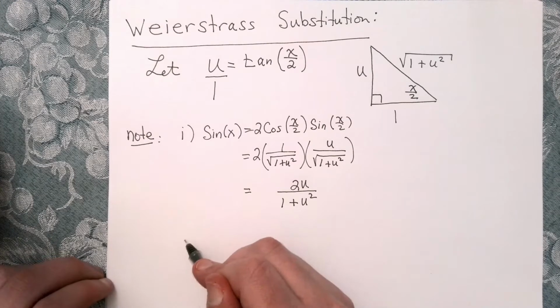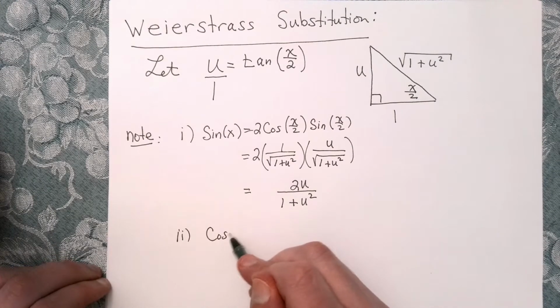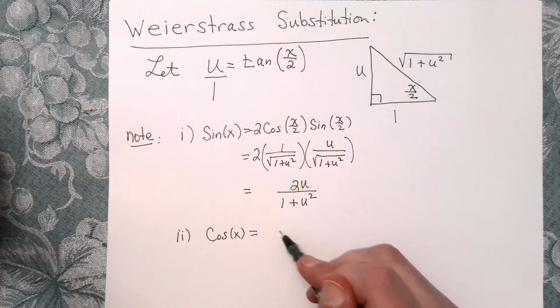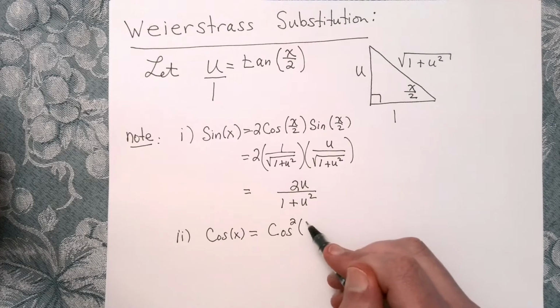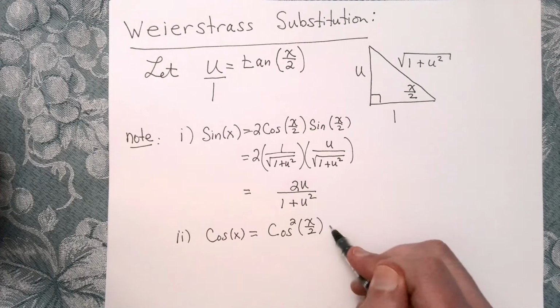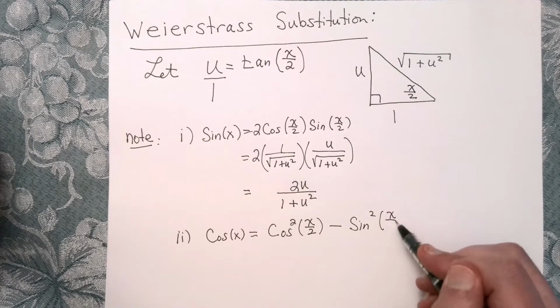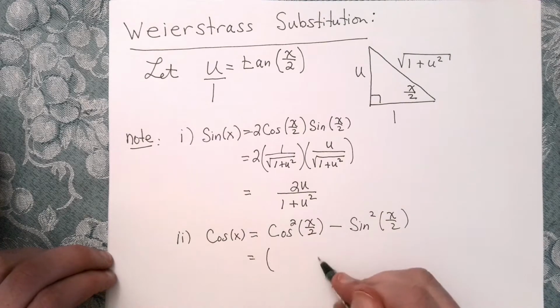Okay, so let's go ahead and find the cosine of x. So cosine of x by the double angle formula, that's cosine squared of half of x minus the sine squared of half of x. Again, that seems nice. We can use our triangle. Let's see what we get here.